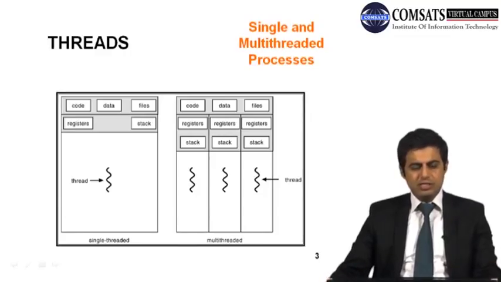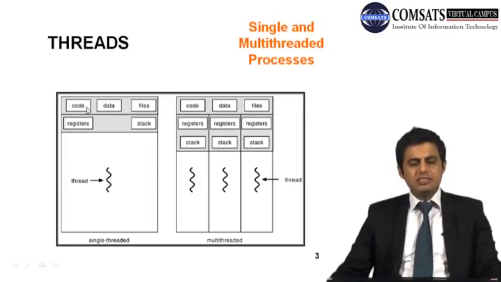For example, if you look at this screen, we have a single threaded system where you have only one thread. There is this code, data, and files. Code means the lines of code which you have in the program.